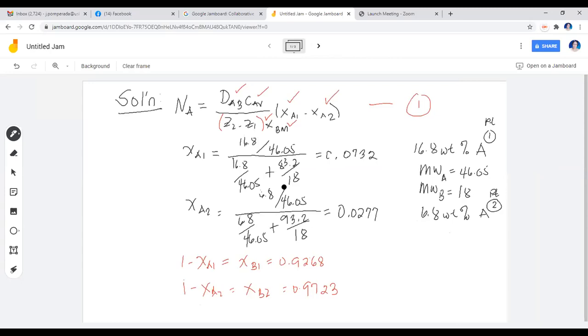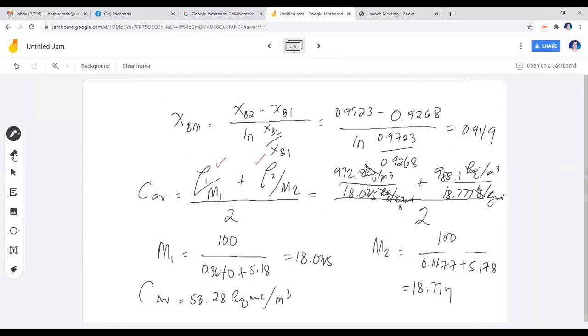That would be moles of B at 0.1. So this should be changed to 4.62. This will change. This will change.